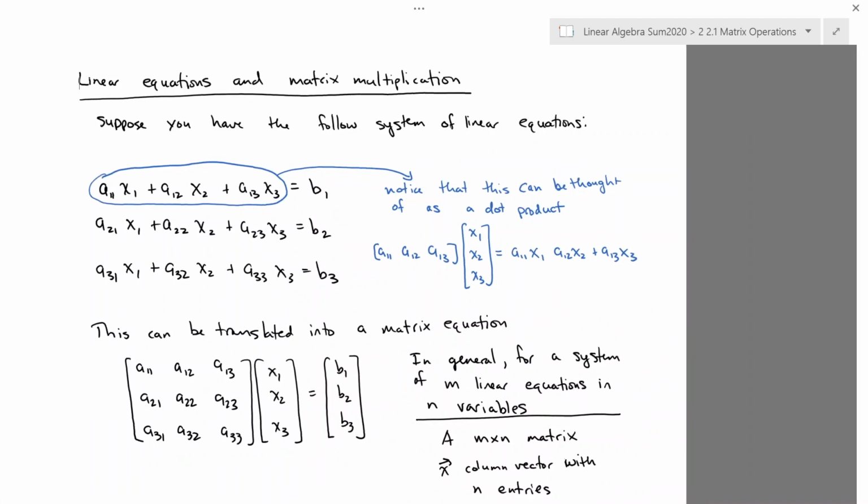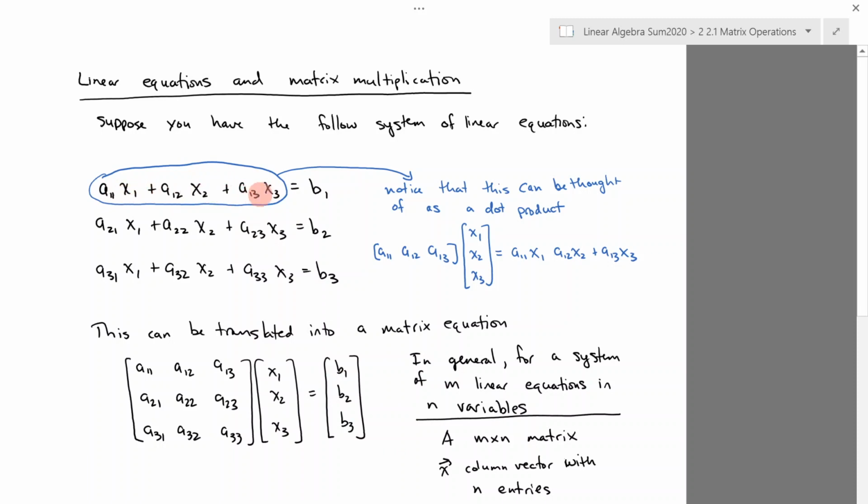Okay, so on this last page for section 2.1, we're going to tie together matrix multiplication with systems of linear equations. So suppose you have the following system of linear equations. In this example, it's 3 equations in 3 variables, x1, x2, and x3, with unknown coefficients and unknown constant terms. The thing to pay attention to here is how the left side of this equation is written: coefficient times variable plus coefficient times variable plus coefficient times variable.